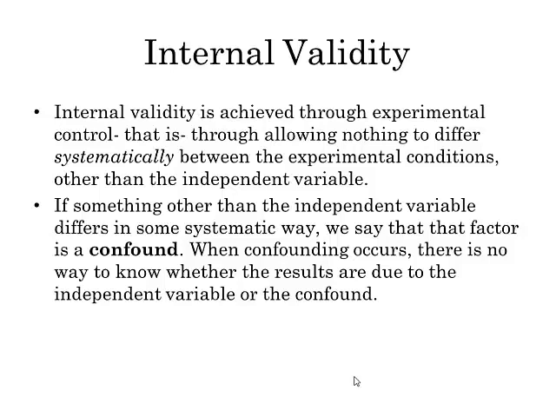So you want the only systematic difference to be the difference that you're interested in looking at. If something other than the independent variable differs in some systematic way, then we would call that factor a confound. And when confounding occurs, there's no way to know whether the results are due to the independent variable or that confound. And to help you understand this idea of a confound a little bit better, I'm going to show you an example.